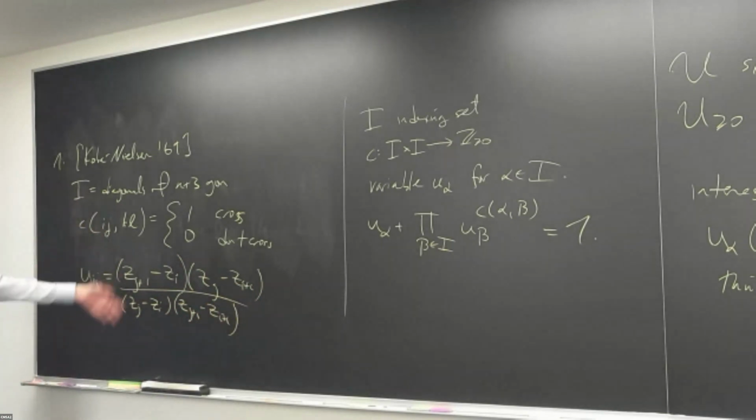So you can see this is a nice family. These Zs are complex. If I choose the Zs to be real and ordered, then these will all be positive. So we see a nice family of complex solutions.